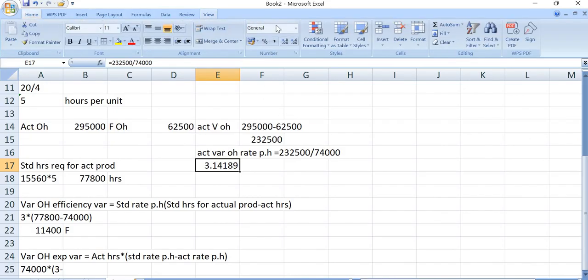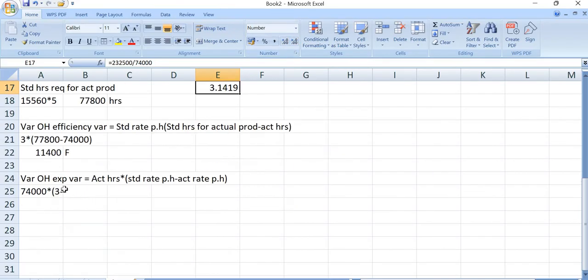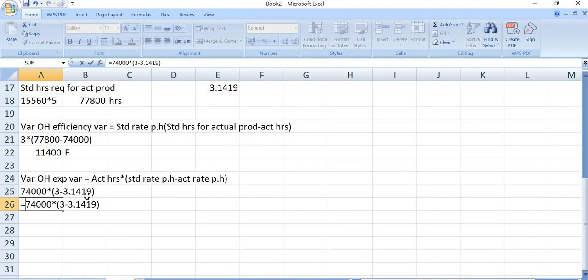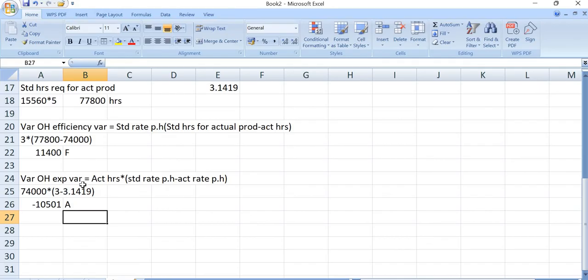If I am considering 4 decimals, I can consider 3.1419. So this variance will be adverse because actual is more than standard. So 10,500 is adverse. Hope till now this is clear.